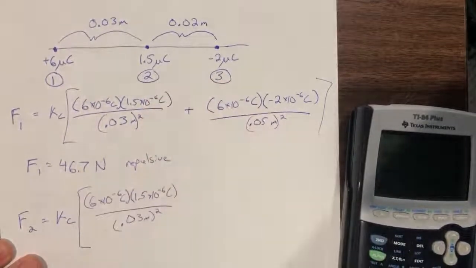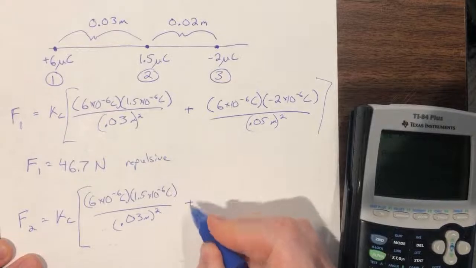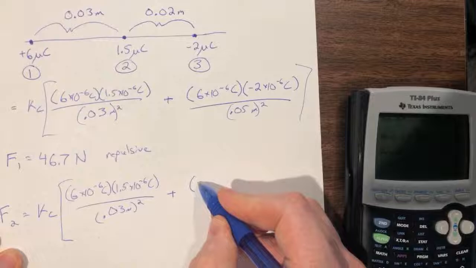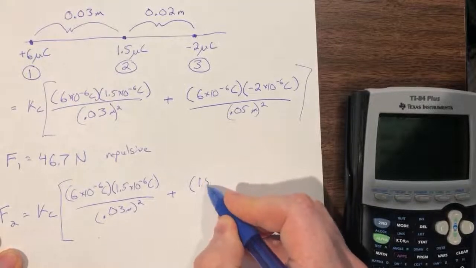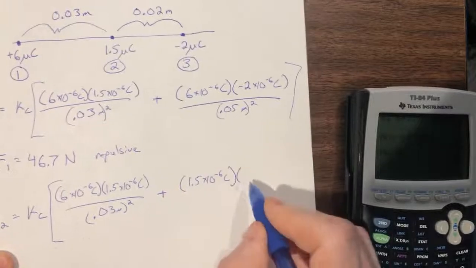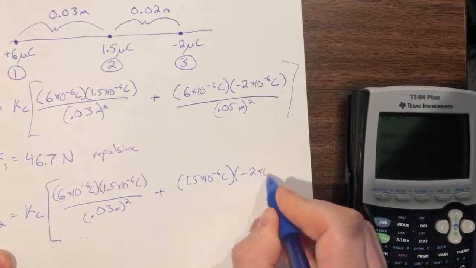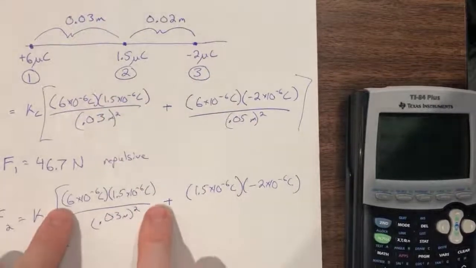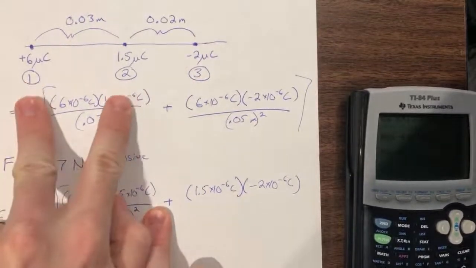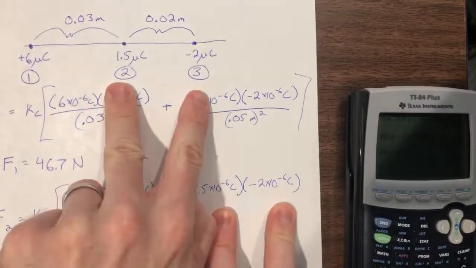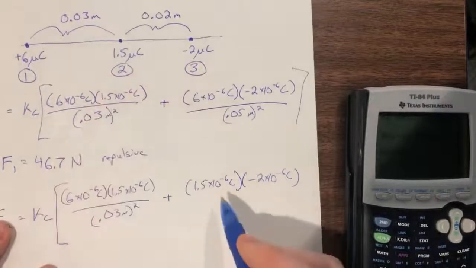But this one's going to be different. Right? Plus 1.5 times 10 to the minus 6 coulombs times a negative 2 times 10 to the minus 6 coulombs. So we're dealing with these. So this first part is the repulsive force between these two, and this part is the attractive force between these two.